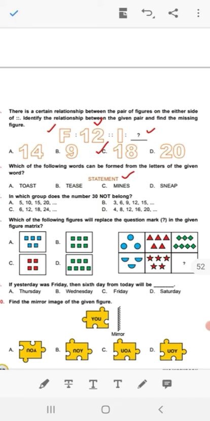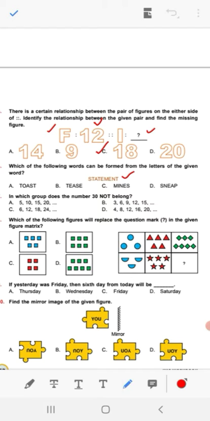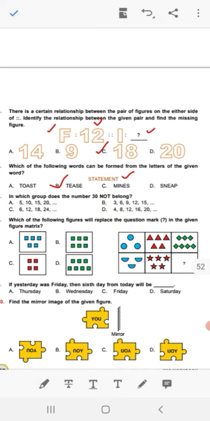The first option is toast, but O is missing in the word statement. Next is tease, T-E-A-S-E. We get 1 T, 2 E, yes, 2 E are there in the word statement, and 1 A and 1 S. So option B is correct. The other two options, C and D, are not fulfilled, as they are not coming from the word statement.